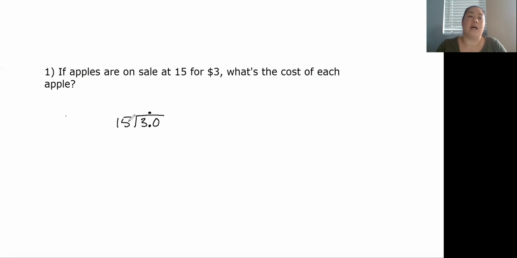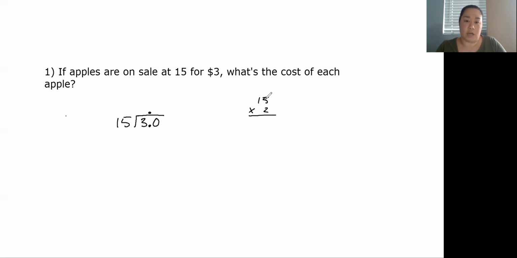Okay, so now I'm looking to see how many times 15 goes into 30, right? If you remember off the top of your head, because I don't know if you can use calculators. If you can, then go ahead and use the calculator. But 15 just once is 15.